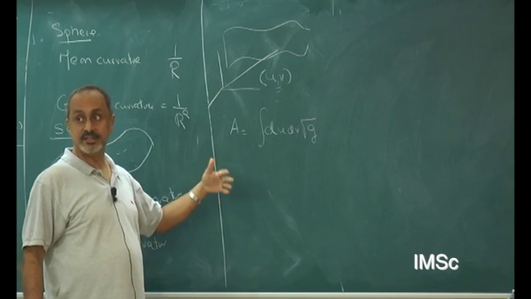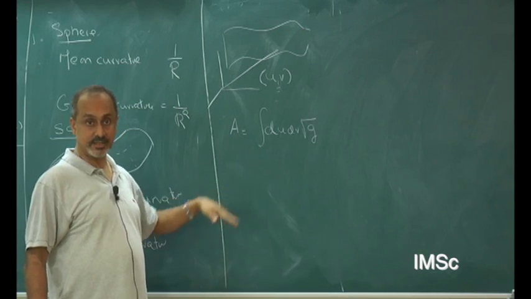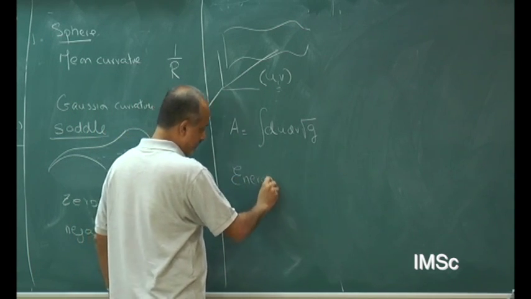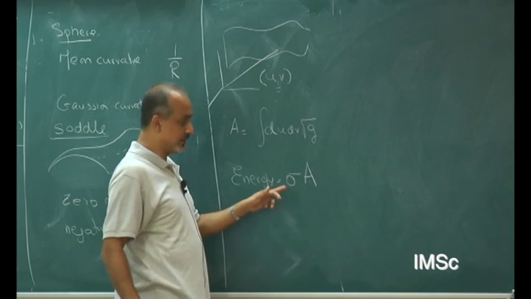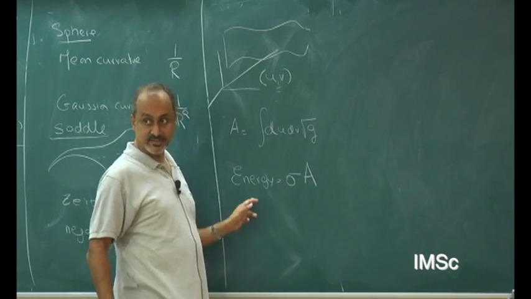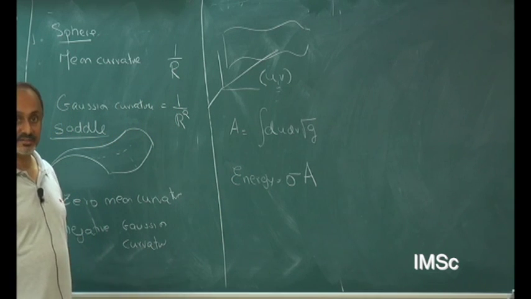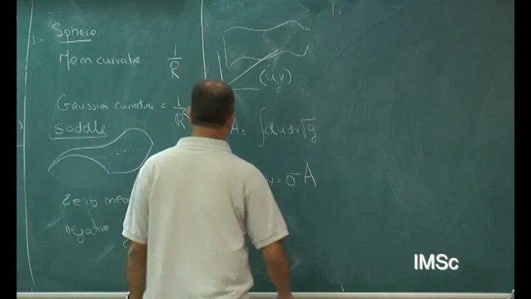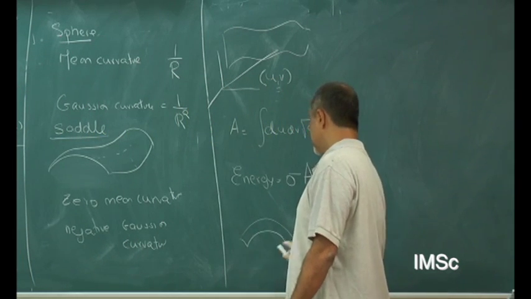One way of saying it is that an amount of energy I assign to the surface with a fixed area A is sigma times A, where sigma is an energy per unit area multiplied by an area. The bigger the surface, the more energy it has. But now we know another way of characterizing the surface, which is in terms of how much energy it costs to bend the surface.